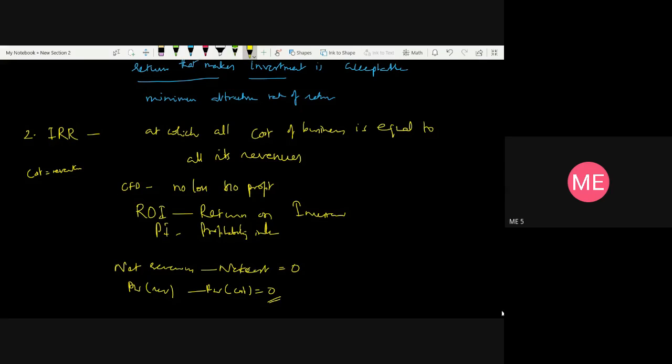By equating this, we can find the I. That is what we call the internal rate of return. Internal rate of return means net cash flows equal zero, that is, cash flows of returns minus cash flows of cost equals zero. By using that equation, we can find the internal rate of return.